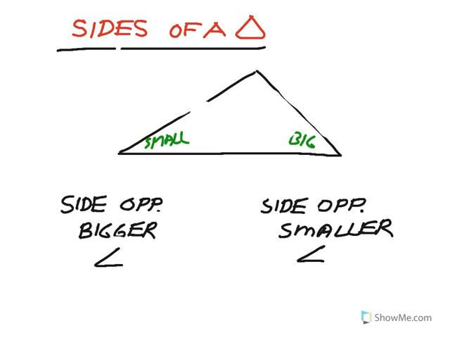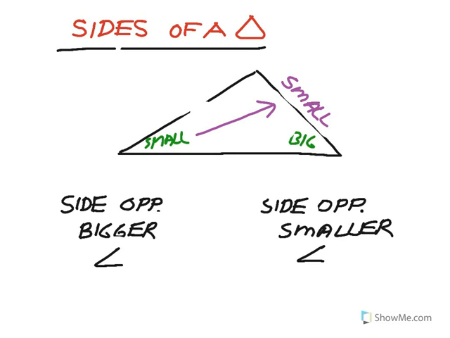Okay, and the next theorem is just the same thing in reverse. Within one triangle, if I compare two angles to each other, and one is smaller and one is bigger, then I think it follows logically that a smaller open angle is going to have a shorter side across from it.